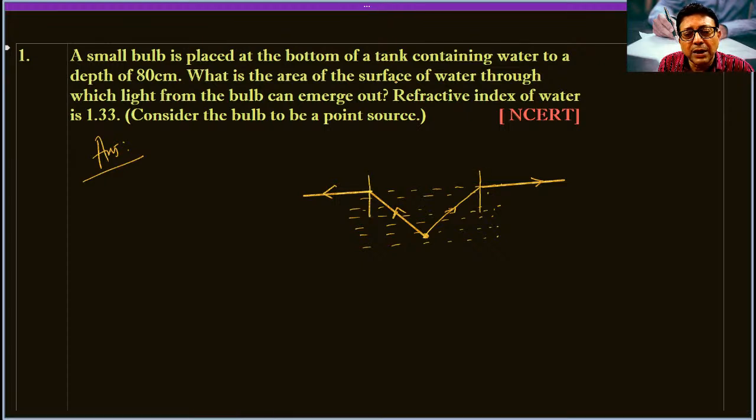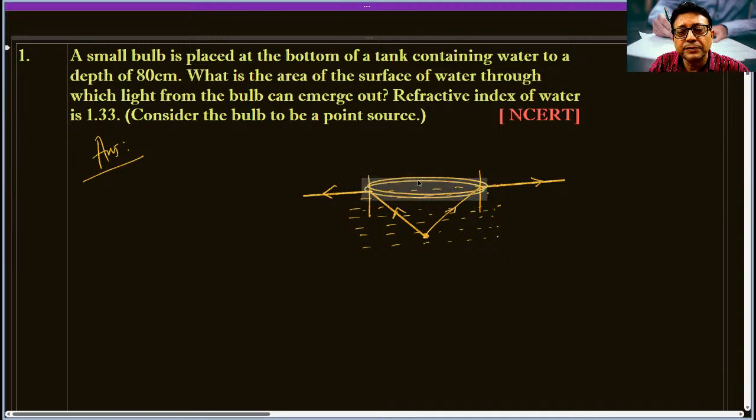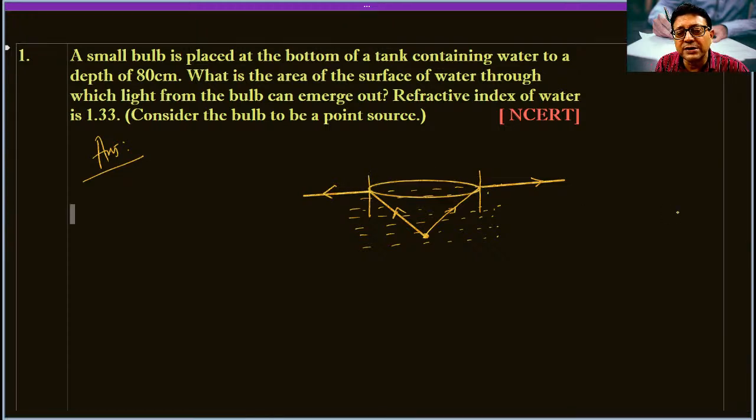So beyond a certain area, the light will remain in the first medium only. If you send any ray in this manner, if you take rays beyond this, those rays will be totally internally reflected.